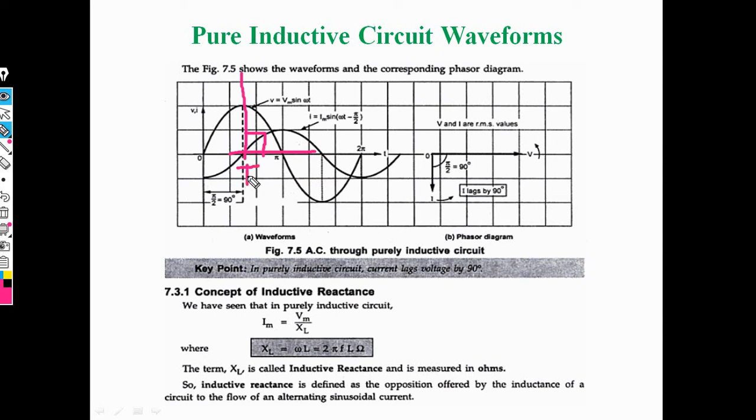Here the angle is pi by 2, that means 90. Then the angle is pi by 2, that means the current I is initially lagging the voltage, because the waveform starts initially negative. Now this is the lagging waveform, I lags the voltage.